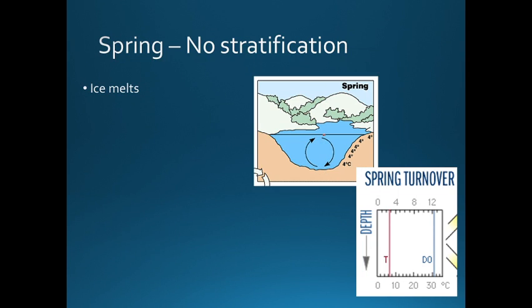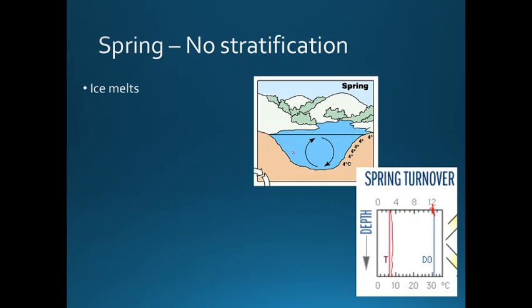At the top of the lake, in midwinter, it'll be lower than freezing. But once the ice melts, all of that water basically gets to be 4 degrees Celsius. So what you have is a constant temperature at that 3 or 4 degrees Celsius. And the dissolved oxygen is really high, at like 12 parts per million, okay?